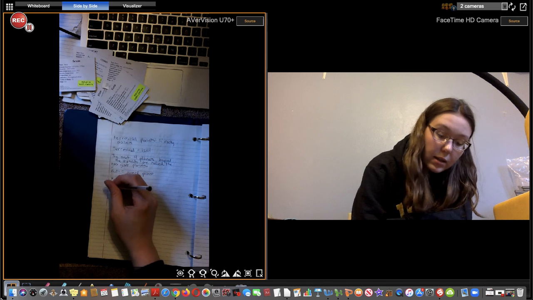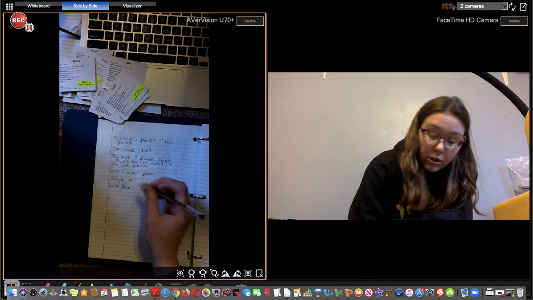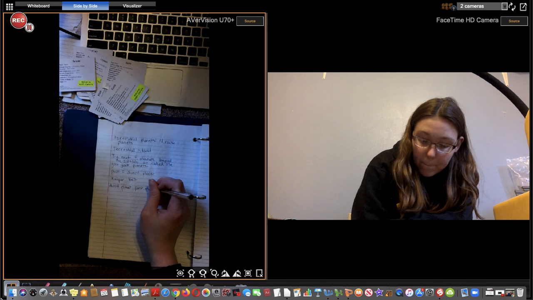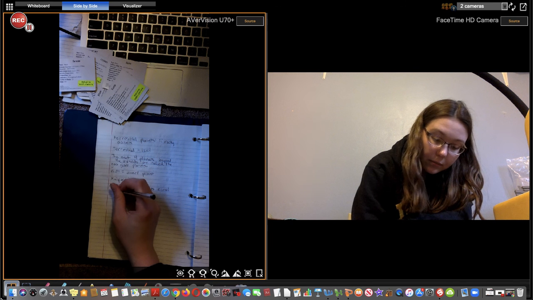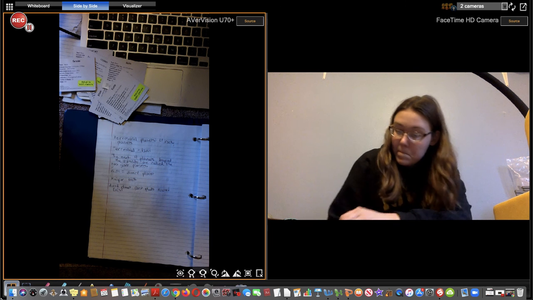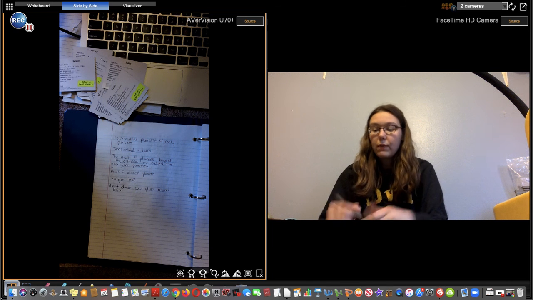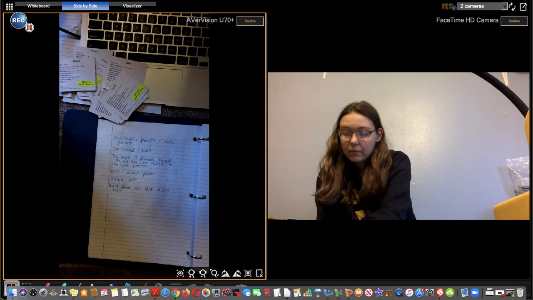So there's another dwarf planet past Pluto named Eris. And then there's going to be comets, such as Halley's Comet, that travel throughout the solar system, orbiting the sun in an oval pattern.